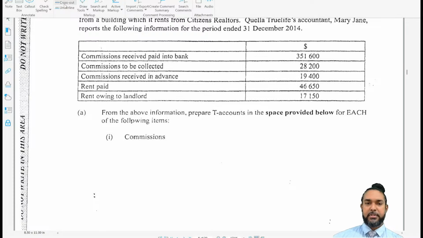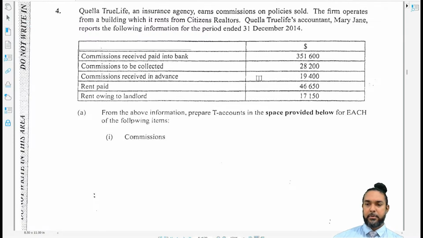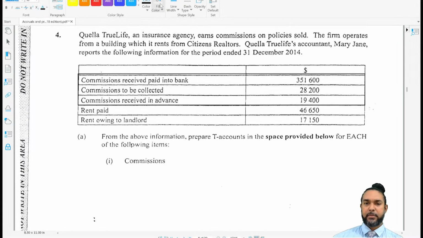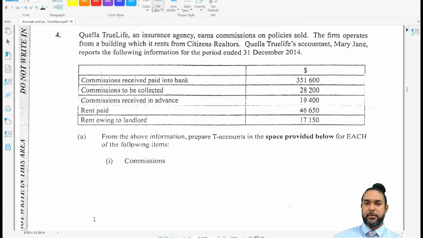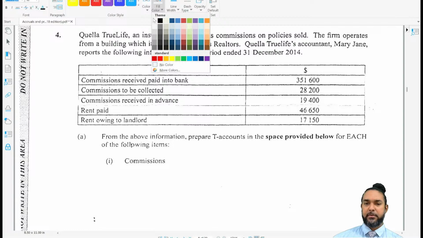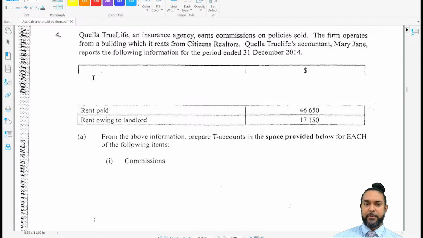Give me one sec. I'm actually going to just blank out all the commission stuff. So we'll get rid of the border, we'll put a fill.